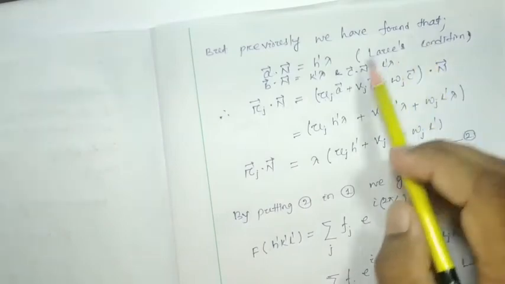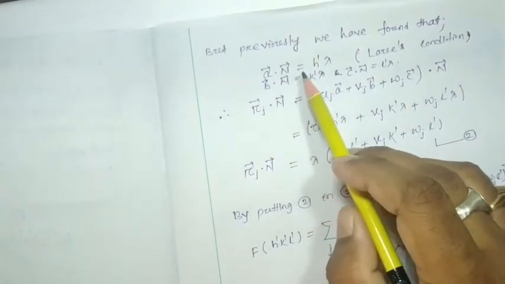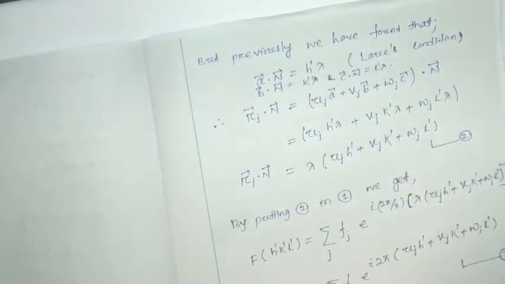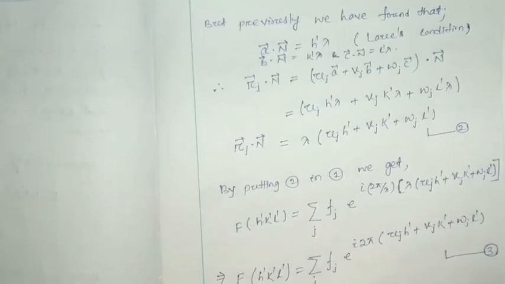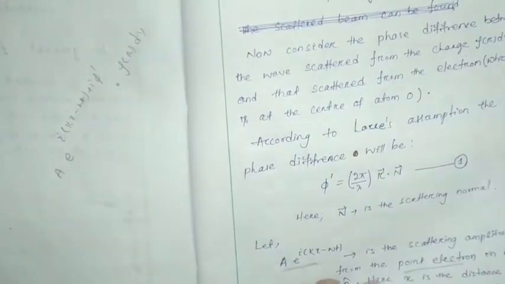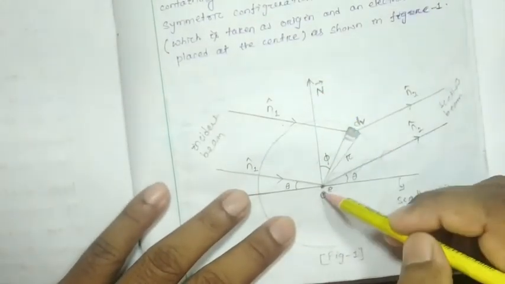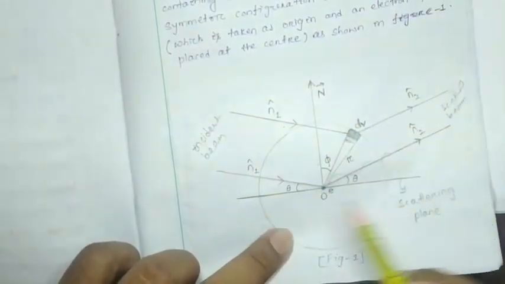Here n is the normal vector, or scattering normal, and we know that the scattering normal is always perpendicular, or normal, to the scattering plane.